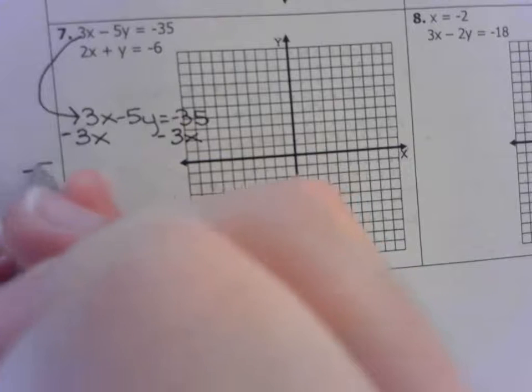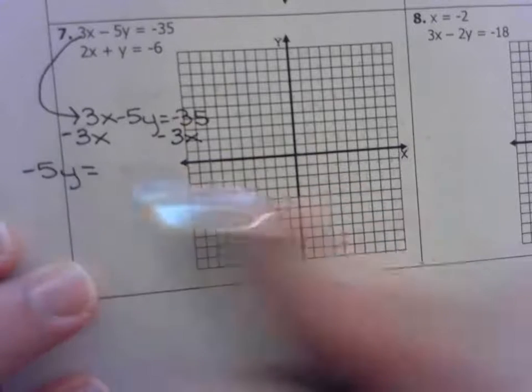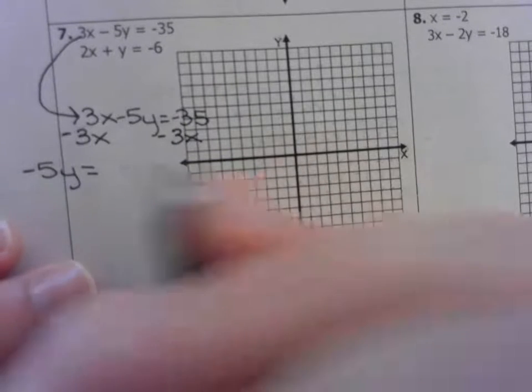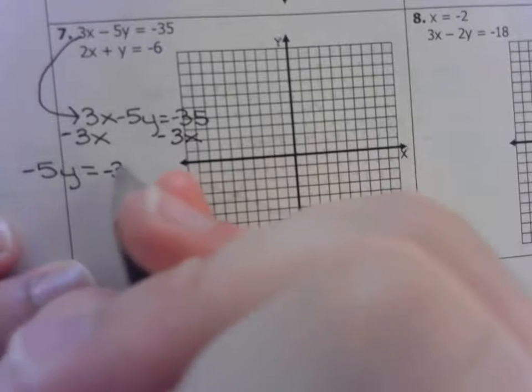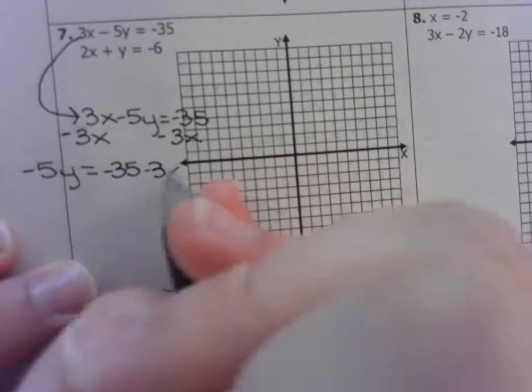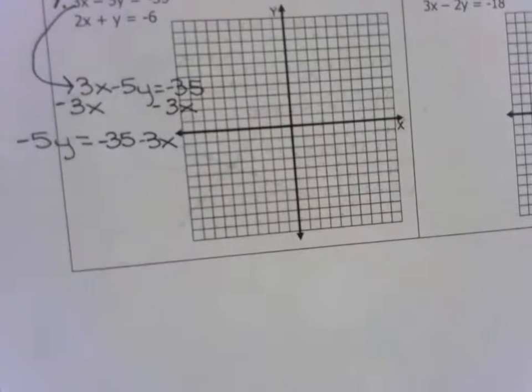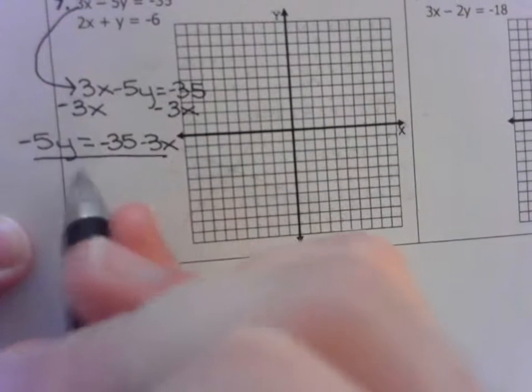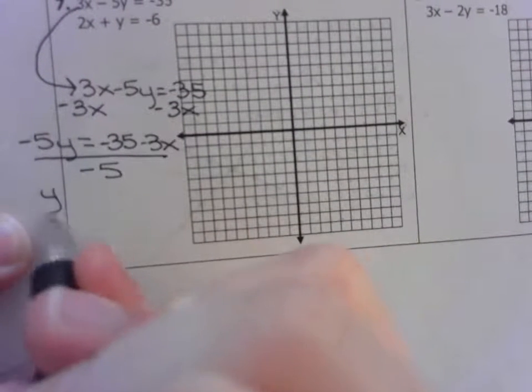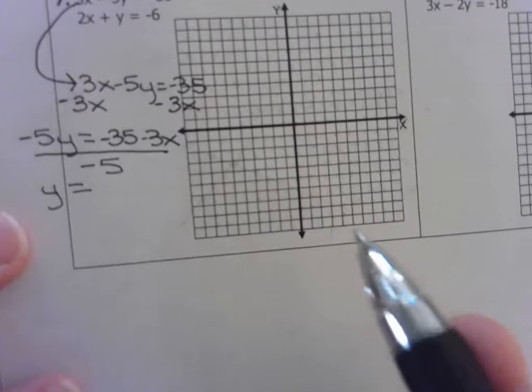So I have -5y equals what? Negative 35 minus 3x. This should look familiar to you. We've done this before lots of times. Divide by negative 5. Make sure you take the negative with the 5. Y is equal to, and then you can divide.